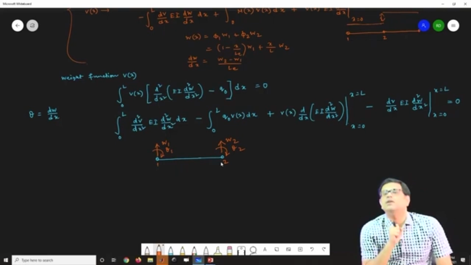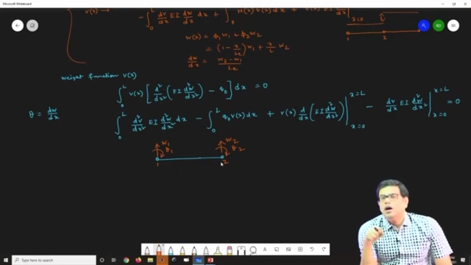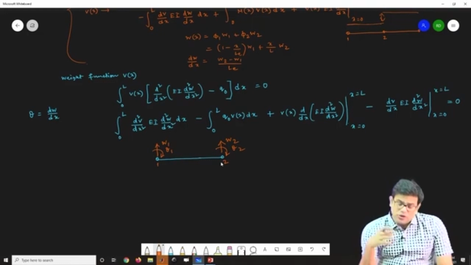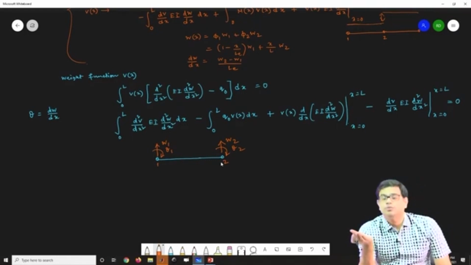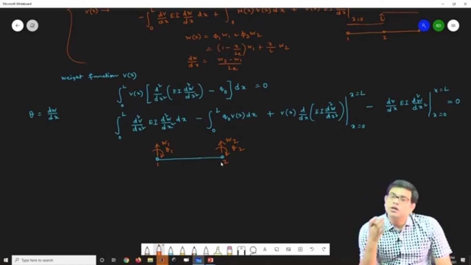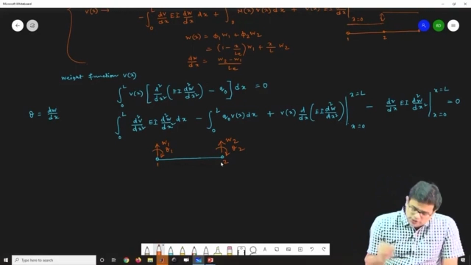This is one of the major requirements of the beam element. If I use a Lagrange type of polynomial, it cannot fulfill the second criterion, that the derivative of the field variable has to be interpolated at the nodes. So this is my requirement.